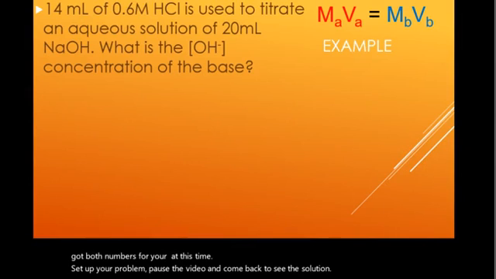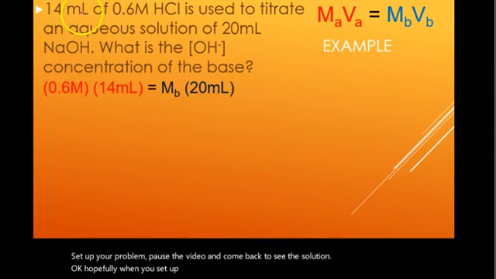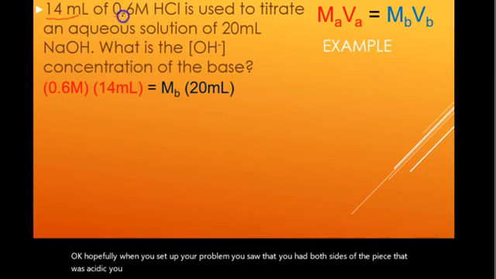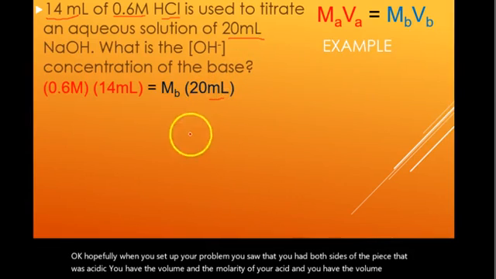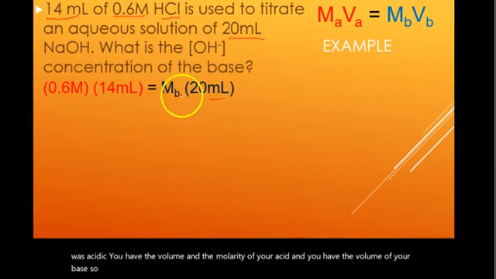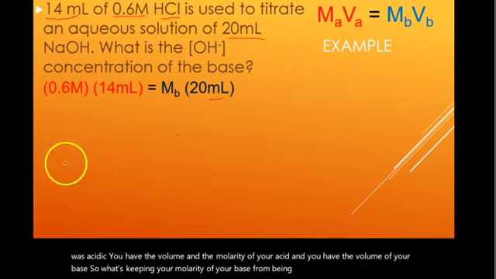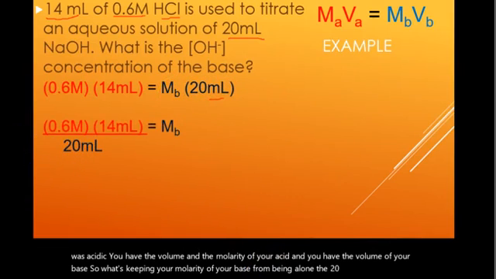Okay, hopefully when you set up your problem, you saw that you had both sides of the piece that was acidic. You have the volume and the molarity of your acid, and you have the volume of your base. So what's keeping your molarity of your base from being alone? The 20. So both sides get divided by 20.